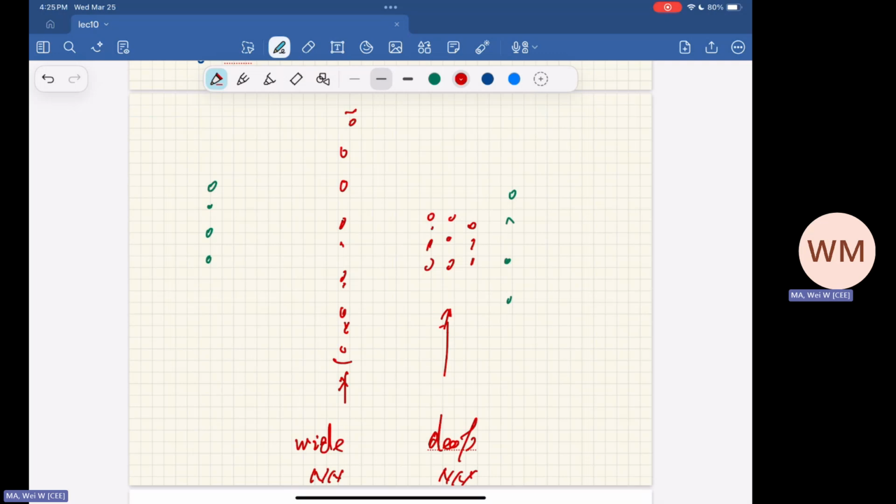There is a very famous paper called Wide and Deep Neural Network by Google. This is a very benchmarking paper from 2016. You can see this figure.